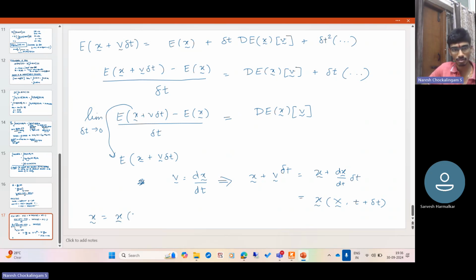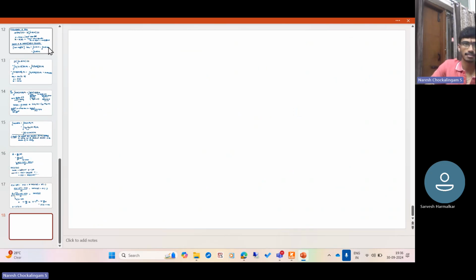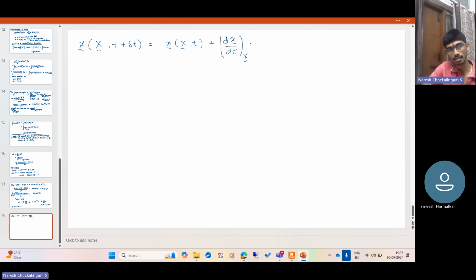x is a function of both X and t, and if you use the Taylor series, you get x of X comma t plus delta t is x of X comma t plus dx by dt, keeping X fixed, delta t, plus some higher order terms.